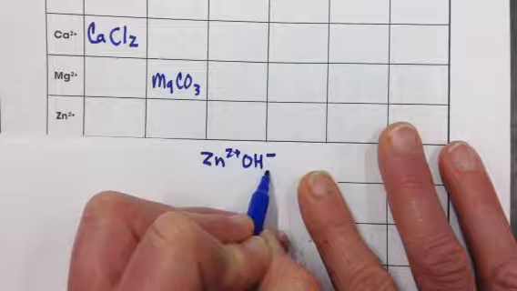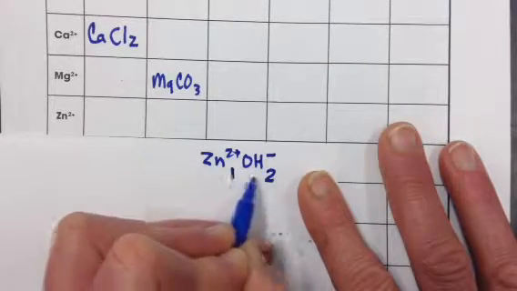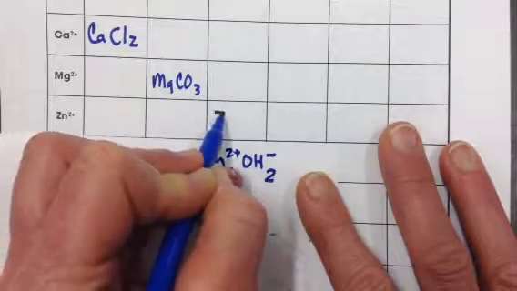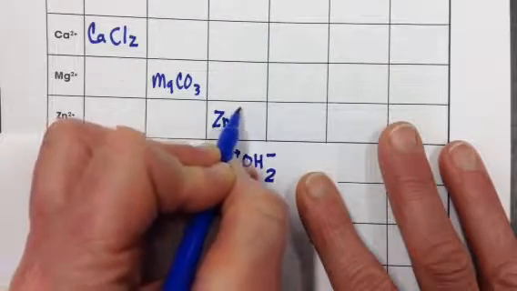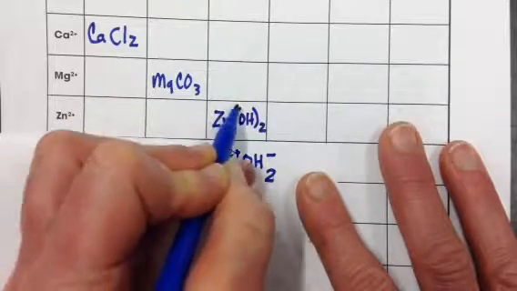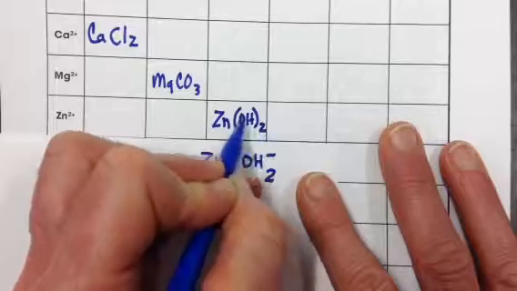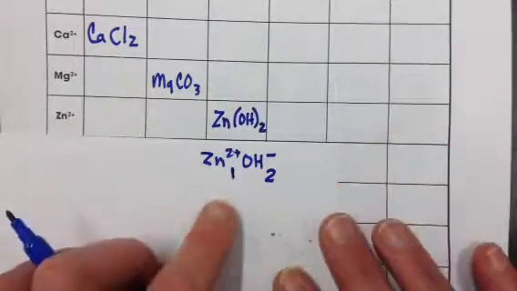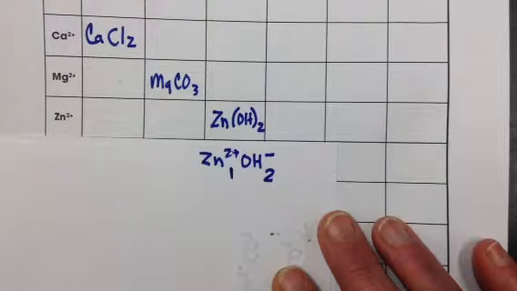We do the swap. I bring down the 2. I bring down a 1. There's no lower ratio, so I'm going to clean this guy up. Zn, and I need the parentheses because I'm telling people we have 2 of the hydroxide ion. So there's going to be 2 of this whole thing, 2 oxygens and 2 hydrogens. So we have to have that parentheses when we use the polyatomic ion. Good luck with the rest of the worksheet.